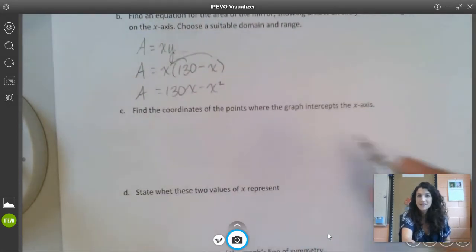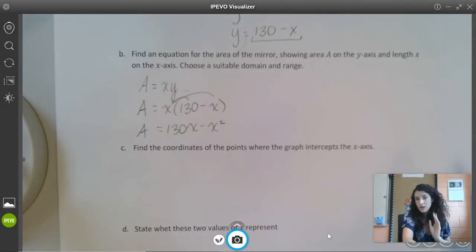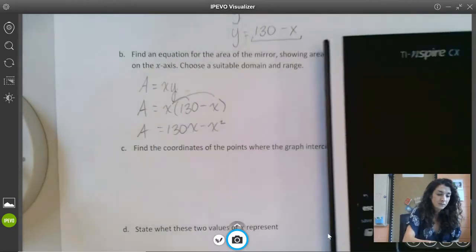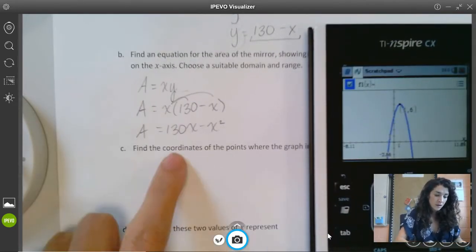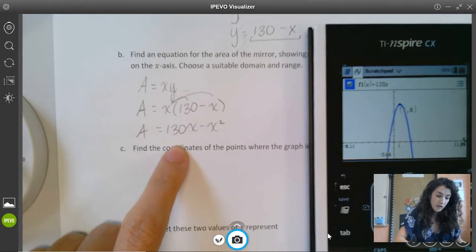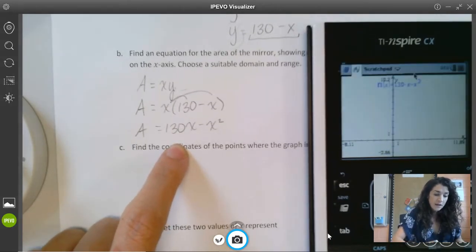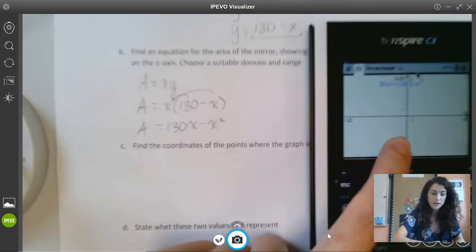Okay, that's our equation. We want to find a suitable domain and range. The best way to look at a suitable domain and range is to graph it. And because we are in the applications course, we need to make sure that we're also thinking about this. I just standardized the zoom, and then I'm going to zoom fit it.